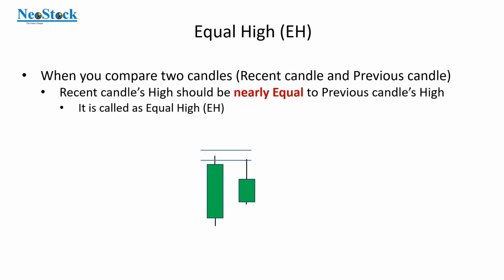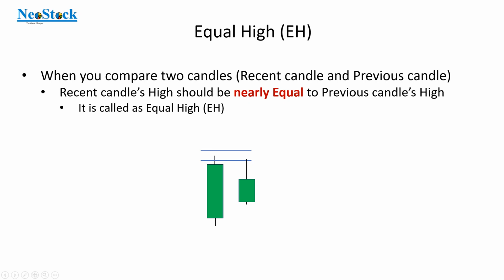Your experience itself will tell, okay, this difference can be neglected and we can consider both these candles are having equal high. Such kind of impression you should get. Then you can keep that small area as a buffer.